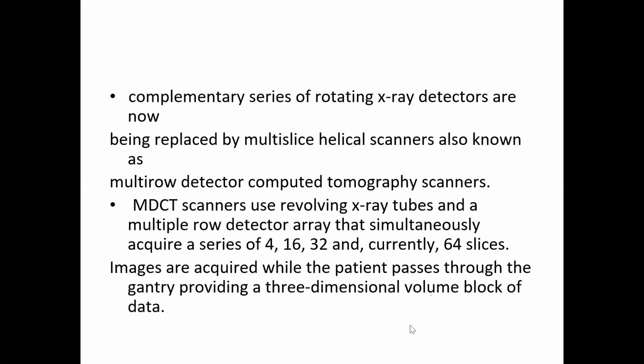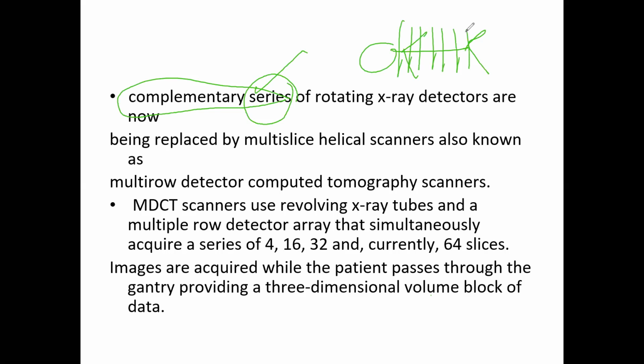MDCT scanners use revolving X-ray tubes and a multiple row detector array that simultaneously acquires a series of 4, 16, 32, and currently 64 slices. Images are acquired while the patient passes through the gantry, providing a three-dimensional volume block of data. What you have here is a complementary series, complementing each other, like a patient from top to bottom with a series ordered one after the other.